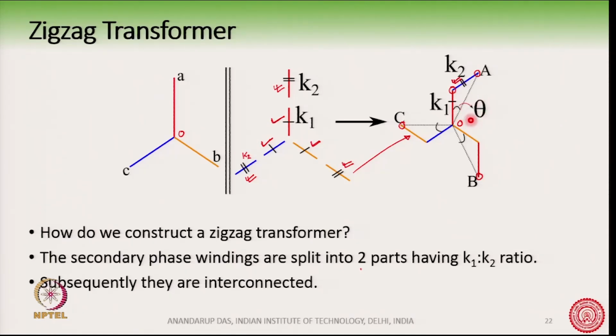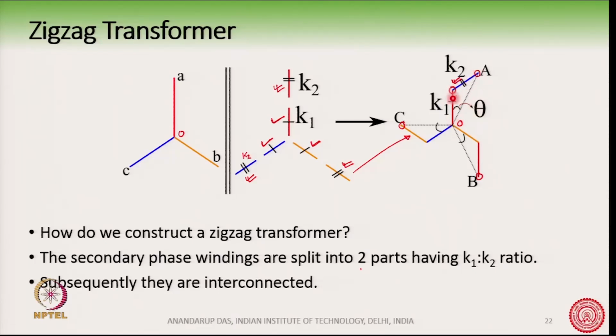This is the phase shift, and you can immediately recognize that it depends on the values of K1 and K2. So, by changing the values of K1 and K2, the angle theta changes.